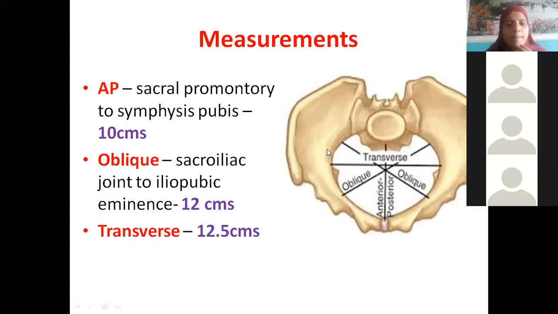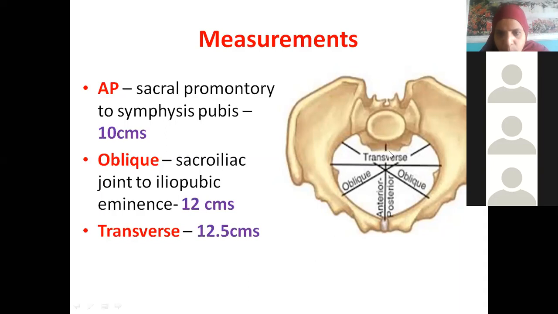Then we have the oblique dimension. What is the name of this joint? Sacroiliac joint. And I have been telling you this is the iliopubic eminence. This is the ilium bone and this is the pubis bone, and the meeting point of these, where I am moving my finger, is the iliopubic eminence.